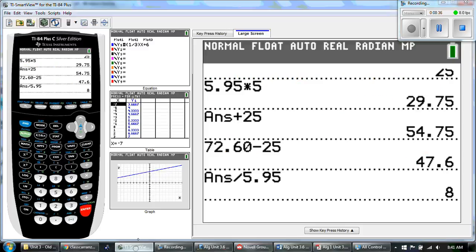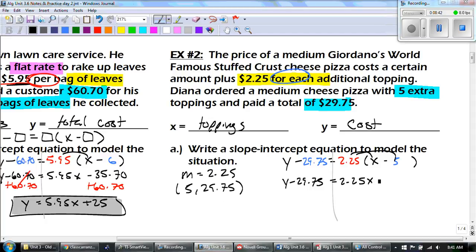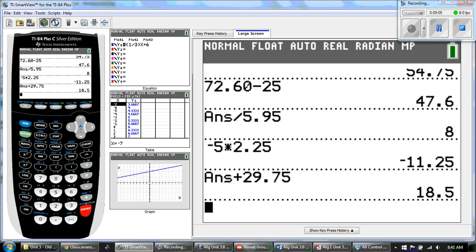And then that's a -5 times 2.25, and we get -11.25. And then we need to add the 29.75 to both sides. And we get that Y equals 2.25X plus 18.50.